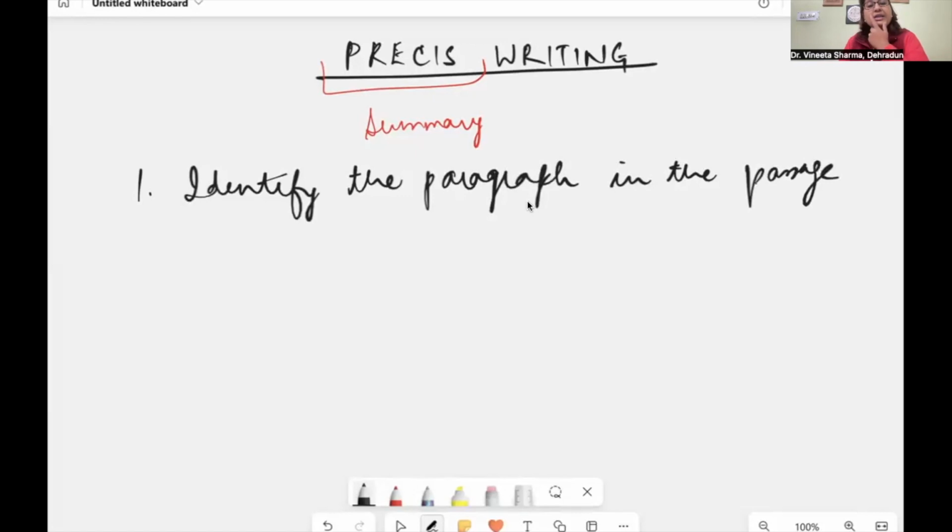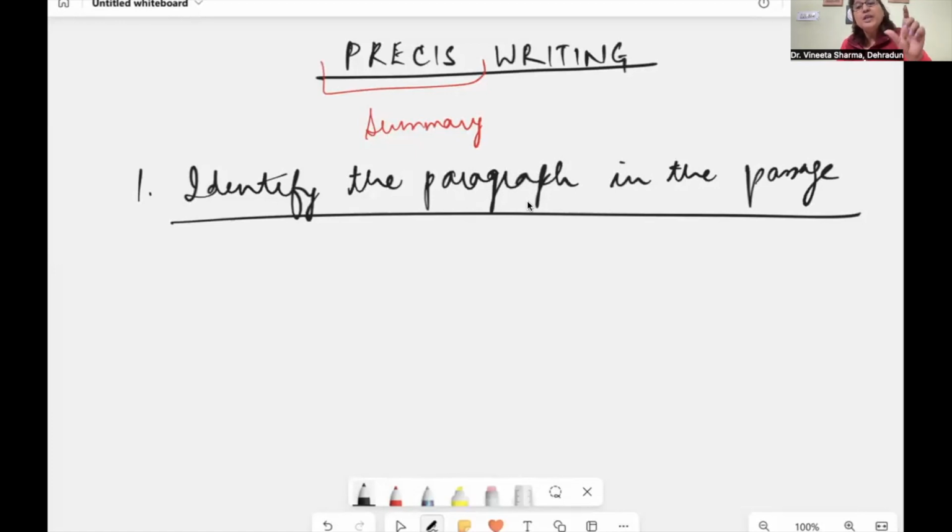Identify the paragraph in the passage. Now, what does it mean? It means that you just have to locate the lines or the paragraph where the answer to that question lies. Once you have done that, please read it and see how many words.